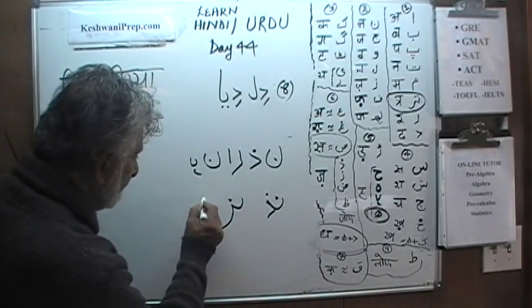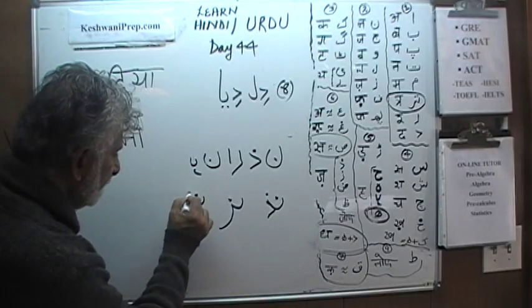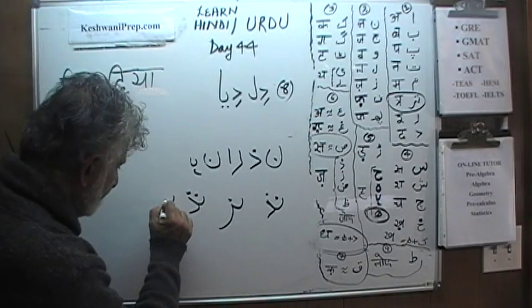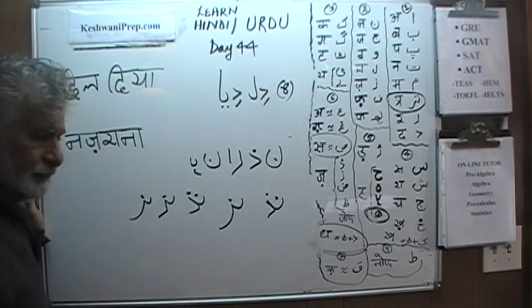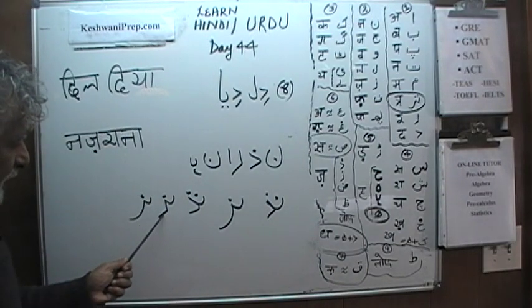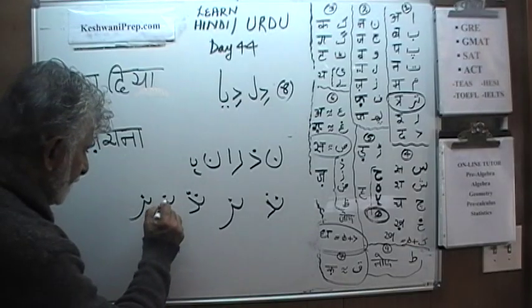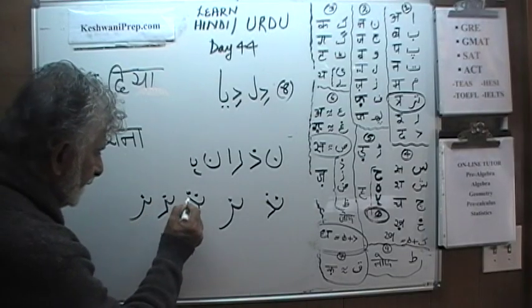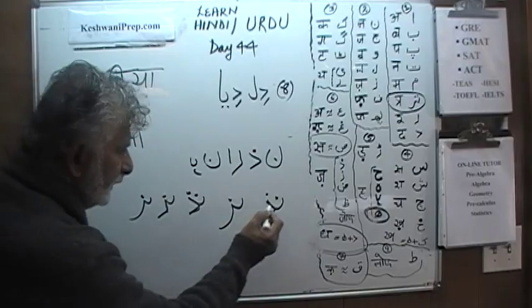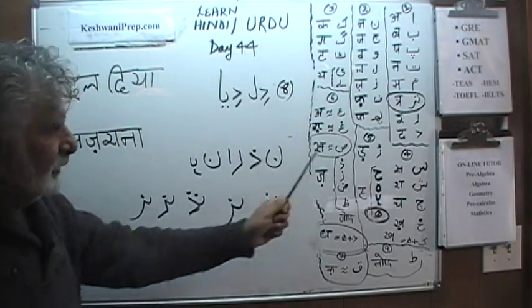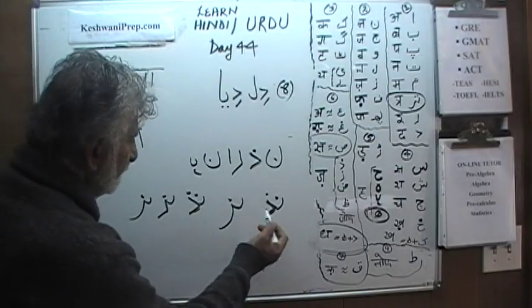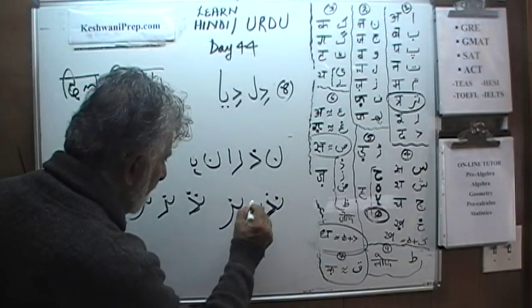You see the difference? Either you write it like this, or you write it like that, same thing. You see it comes down straight and then an angle. This one makes an angle right away. That's what we're dealing with here, the very first one. So we have Naz, to which we're going to join the Ra, Naz Ra.